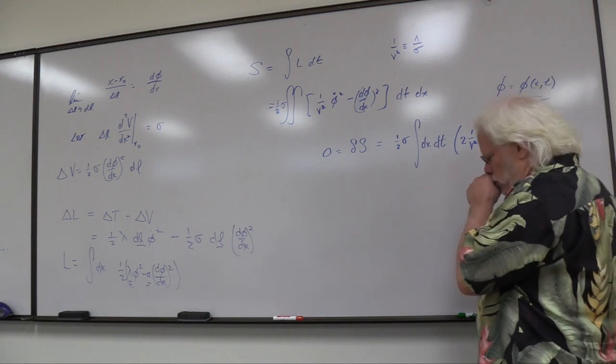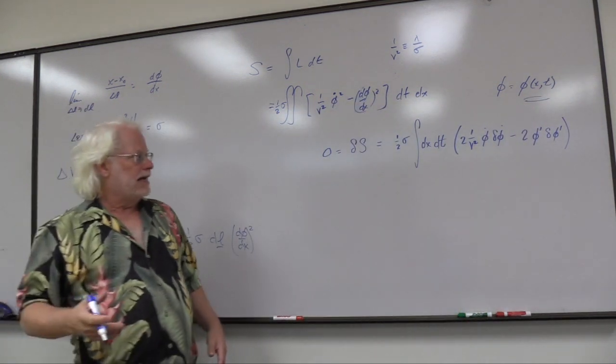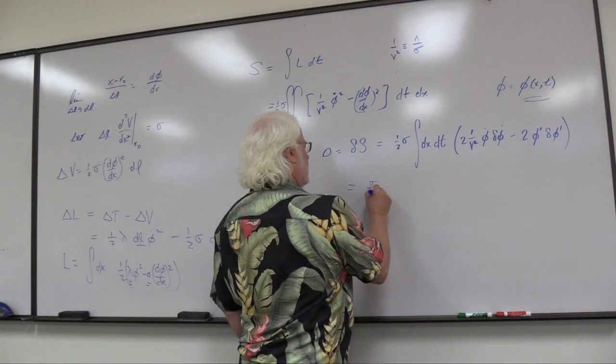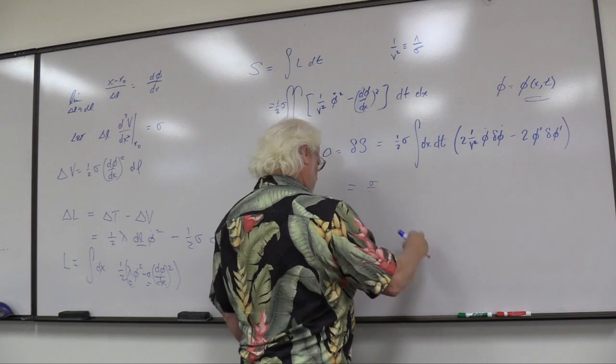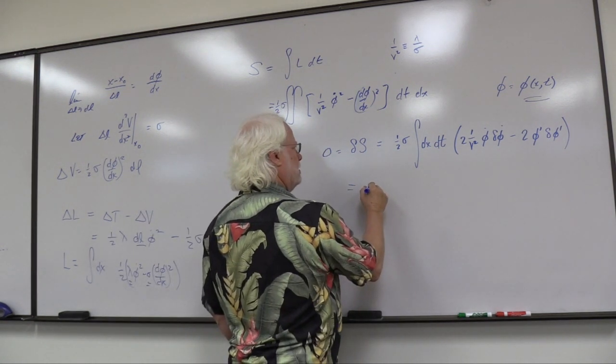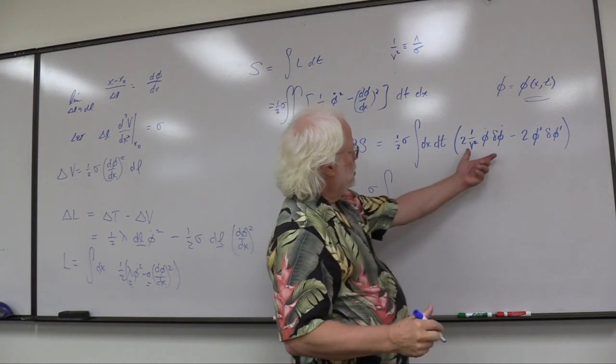And because we're integrating over both x and t, I can integrate both of these by parts. So we have sigma over 2. The 2 cancels. We just have this constant sigma. And then we'll get surface terms.